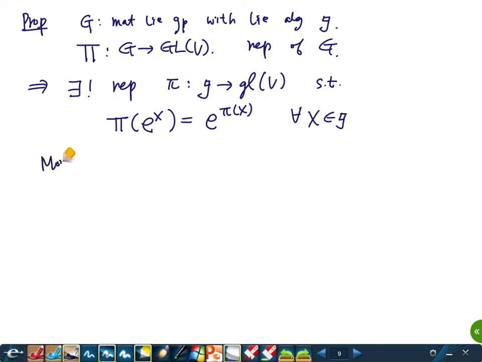Moreover, we can actually compute the representation in this way.